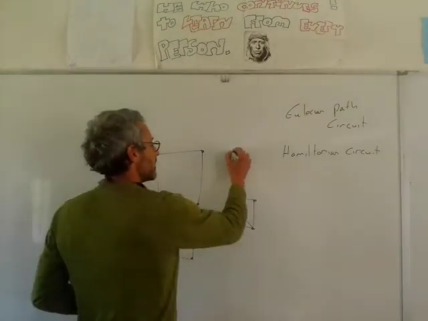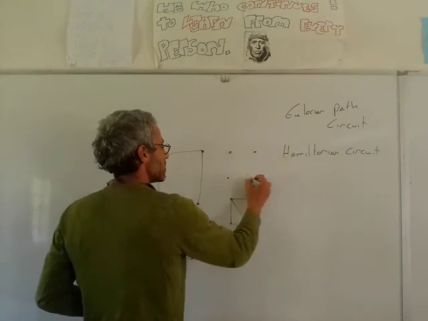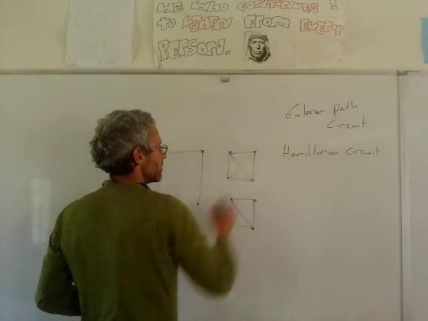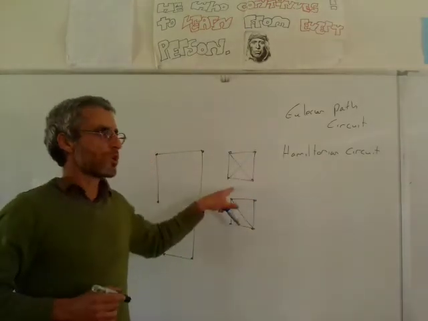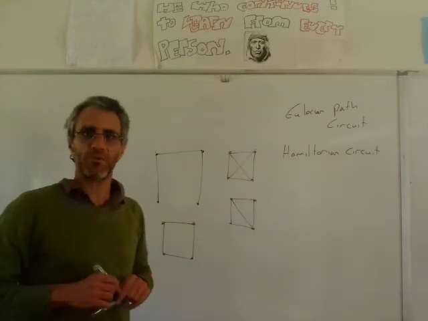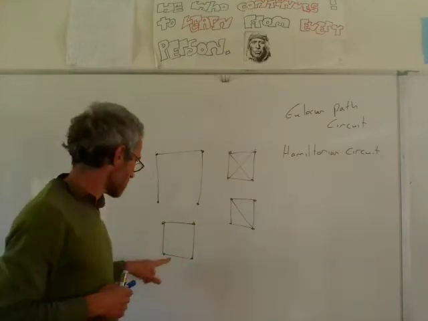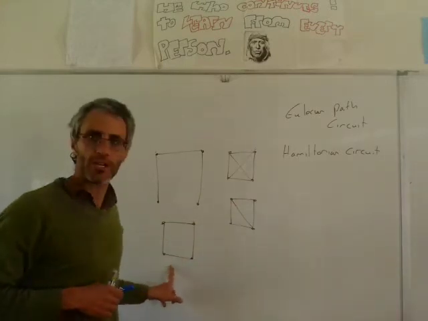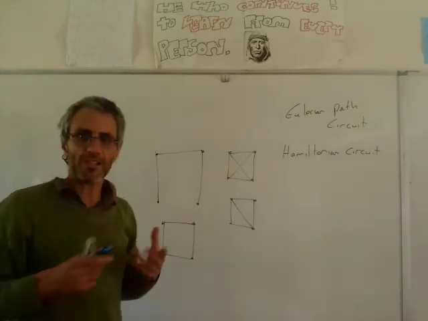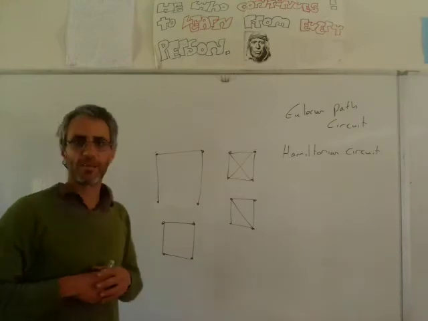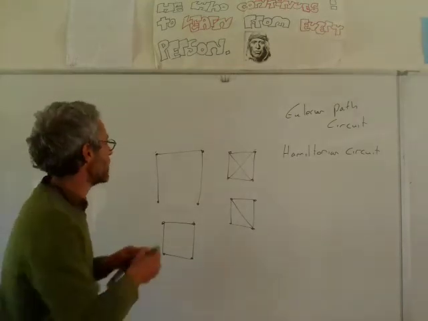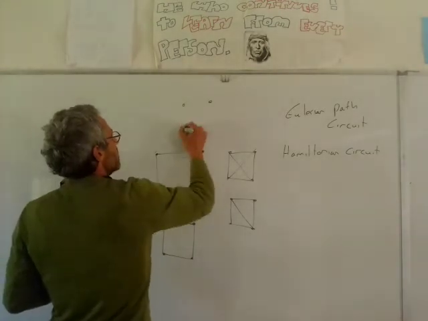And I can even do that. Remember, that's what we call a complete graph, so all the vertices are connected to all the other vertices. This one, if you remember, we call a regular graph. The degrees are all the same. Each vertex is connected to the same number of other vertices.